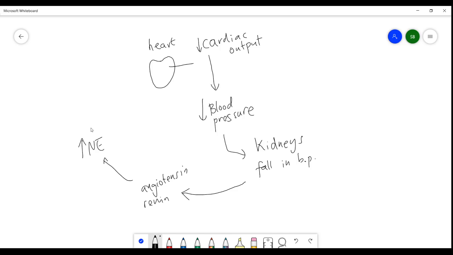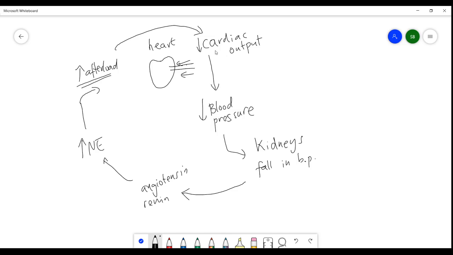And that then causes an increase in the afterload. But this is exactly what our problem was in the first place, and so that causes a fall in cardiac output because there's more blood pushing back because our blood pressure's gone up.